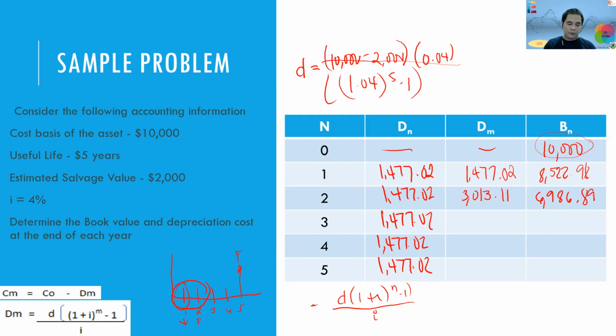Next, for the third year, 1.04 to the exponent of 3 minus 1, divided by 0.04, times the depreciation, that is 4,610.66. So 10,000 minus that is 5,389.34. Fourth year, 1.04 to the exponent of 4 minus 1 divided by 0.04, times the depreciation, that is 6,272.10.